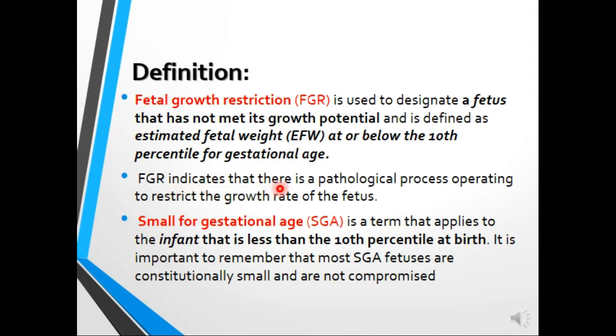FGR indicates that there is a pathological process operating to restrict the growth rate of the fetus, while small for gestational age is a term used to describe an infant that is less than the 10th percentile at birth. And it's important to remember that most small for gestational age fetuses are constitutionally small and are not compromised.